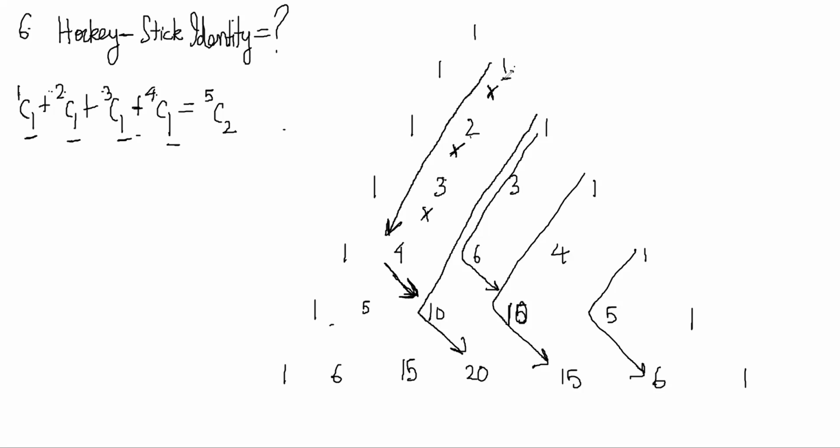This is mCm, no? And this term was m plus 1 C m, right? M only. And that's m plus 2 Cm, m plus 3 Cm, right? Correct. So that became m plus 4 C m plus 1.